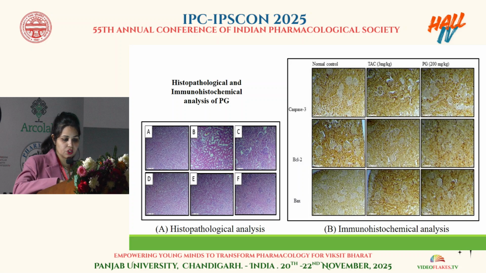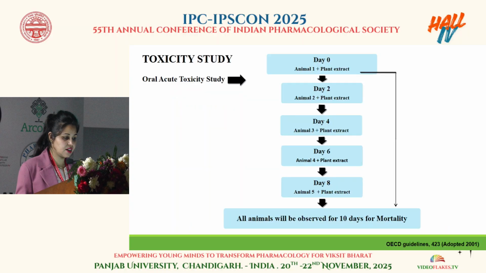Likewise, this is the immunohistochemical analysis of caspase 3, BCL2, and BAX proteins. One thing in this slide is that it increases the expression of BCL2, that is our anti-apoptotic protein, and it decreases the expression of the pro-apoptotic proteins, that is caspase 3 and BAX, as is clearly evident from the immunohistochemical slides.